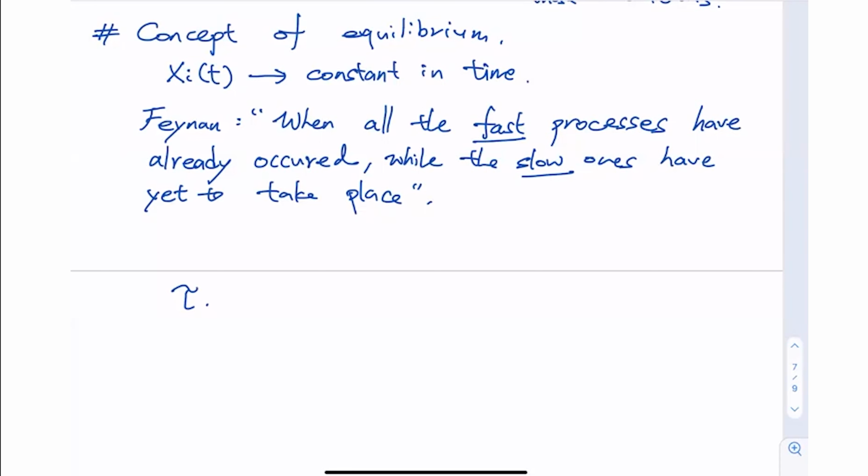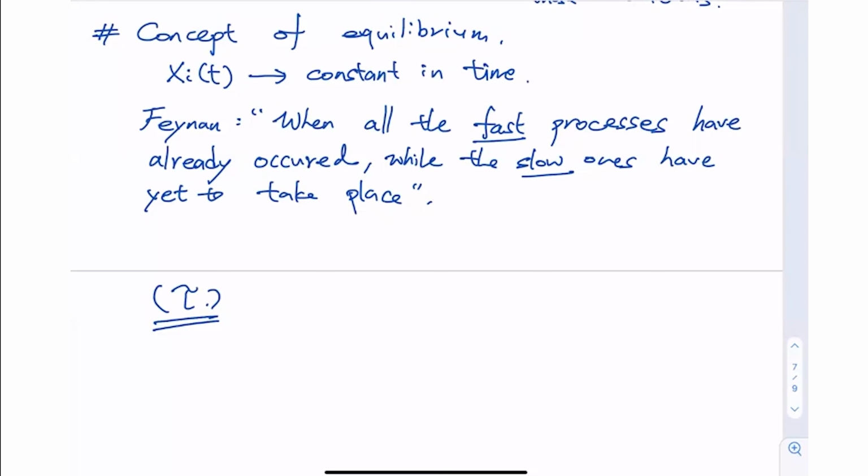So the important point that I want to mention is that whenever we are talking about equilibrium, we need to first specify the time scale that we care about. Usually, when we talk about equilibrium in the textbook, we just assume that this time scale is set to a reasonable one and stop thinking too much about that.